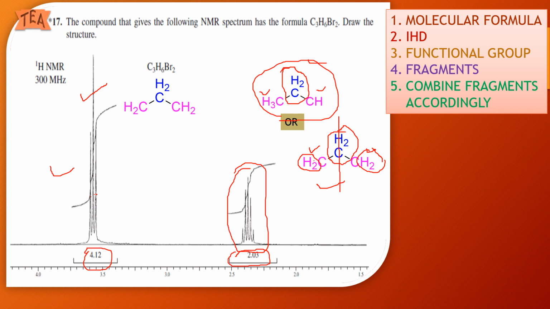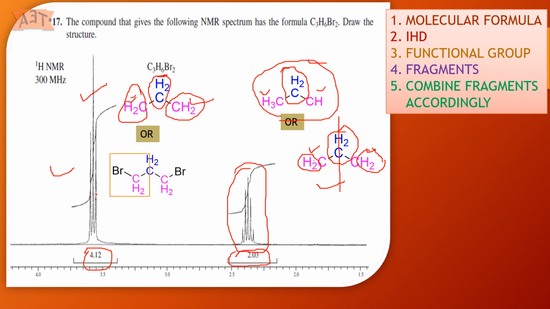So you can see here, this is CH2 and this is CH2, two hydrogens and two hydrogens, so the total is 4. These 4 hydrogens are splitting into a triplet due to this CH2 group.